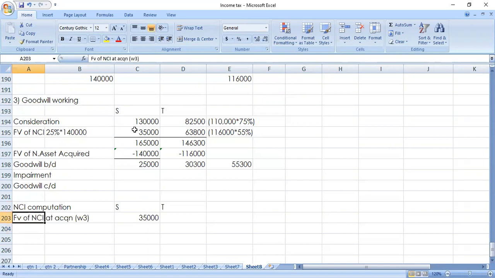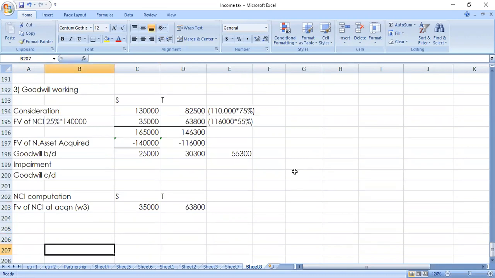Then for TVEC, you still bring fair value of NCI at acquisition, which you put in your working 3 as 63,800. Then if there are any transactions, share of post acquisition profits, share of movement in general reserves, whatever, then unrealized profit you put.